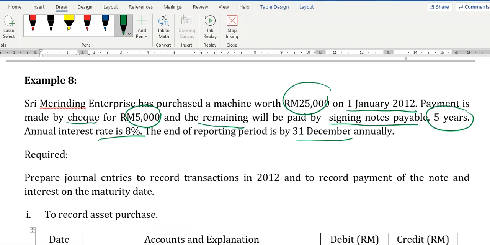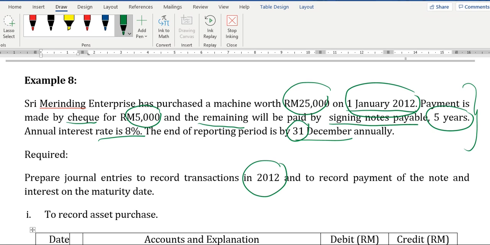So you need to prepare journal entries to record the transactions in 2012. In this question, the transactions that involve liabilities for 2012 are, one, when you issue the notes payable on 1st of January 2012, and the second one is when you close your account on the 31st of December and you need to declare the interest expense for this particular notes payable on the closing date, because as we all know, 31st December is the adjusting date for all the closing entries.